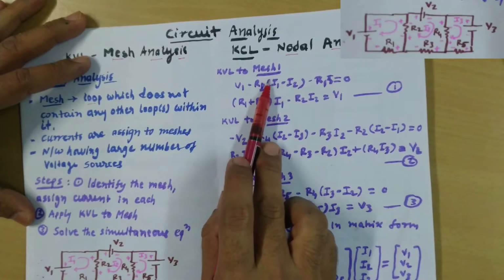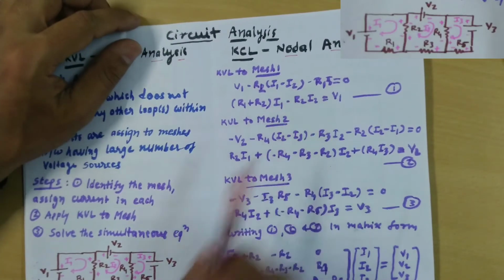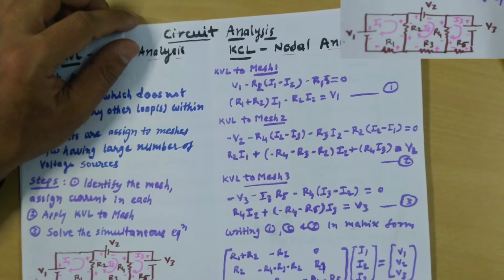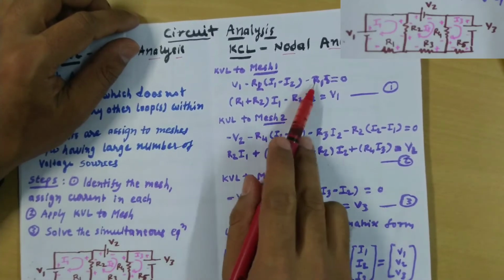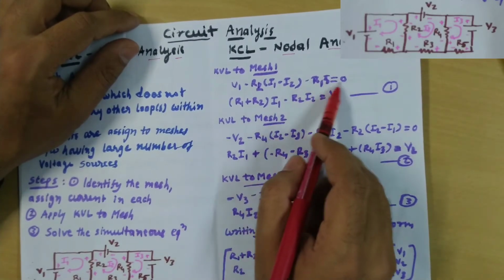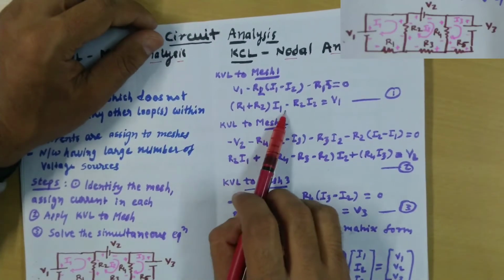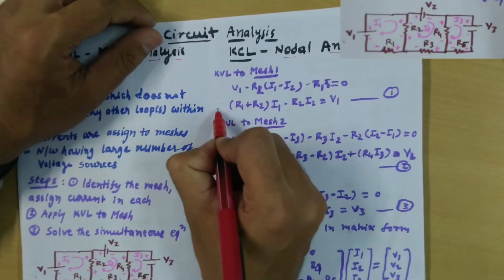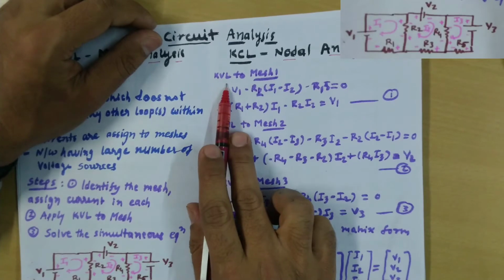So R2 in bracket I1 minus I2. And next we are going from positive to negative in R1, so we consider minus R1 multiplied by I1 is equal to 0. So we get the equation (R1 plus R2) I1 minus R2 I2 is equal to V1. This is our equation 1 for mesh 1 using KVL.